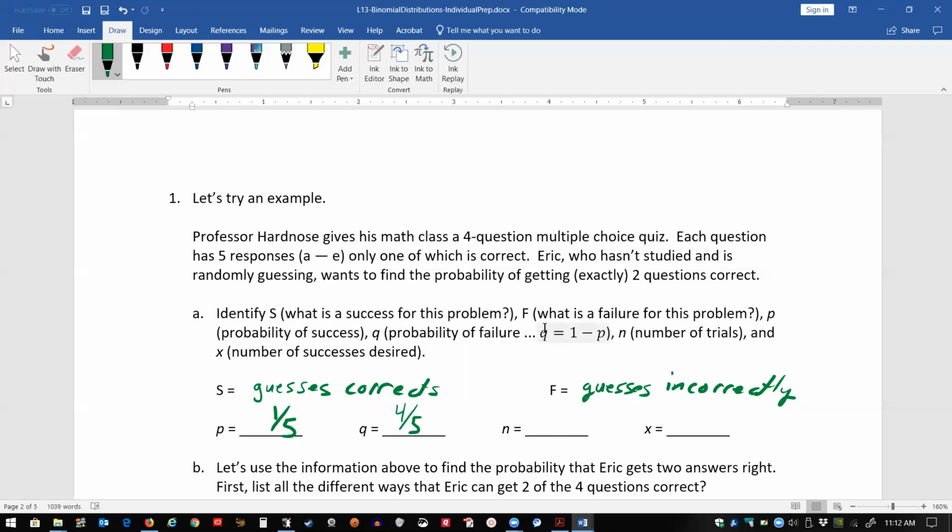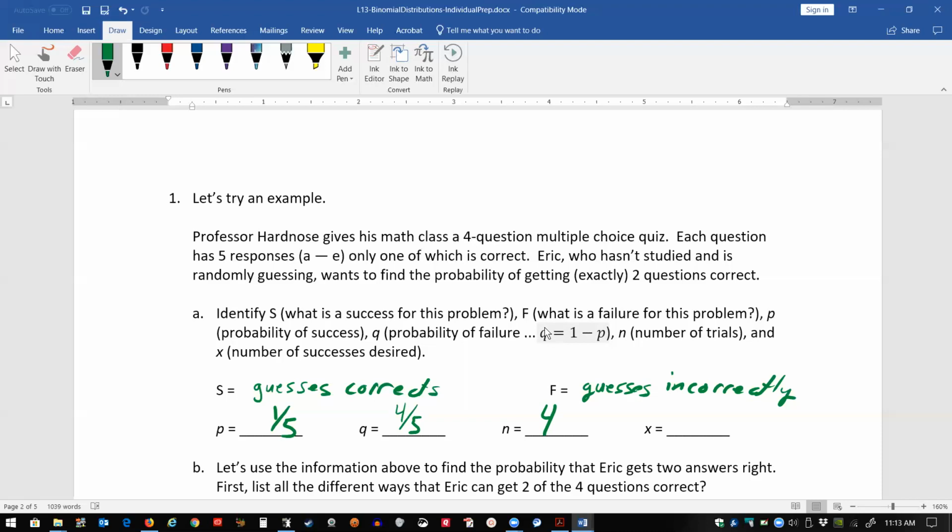N represents the number of trials. So how many trials are there in this multiple choice quiz? There's 4. Each question is an independent trial, okay? So N is 4. The X represents the number of successes that we're interested in.